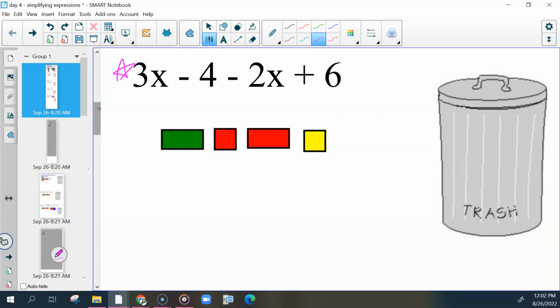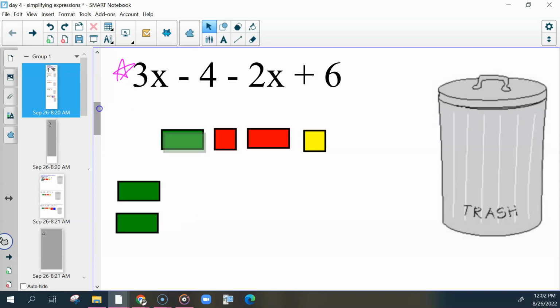Let's do another. 3x minus 4 minus 2x plus 6. How would we represent this? Lily, go ahead. 3 positive x's. Victoria. 4 negative 1's. Negative 2x.